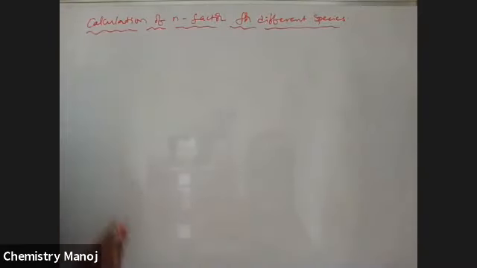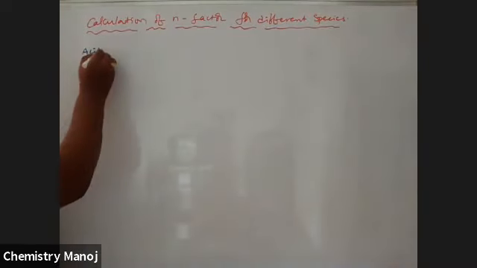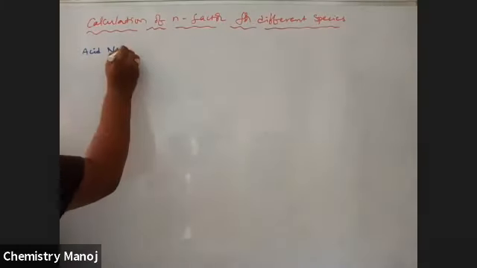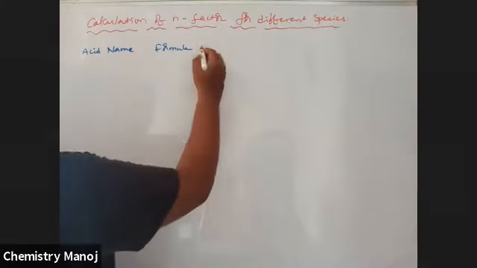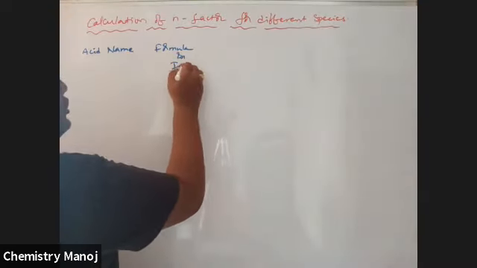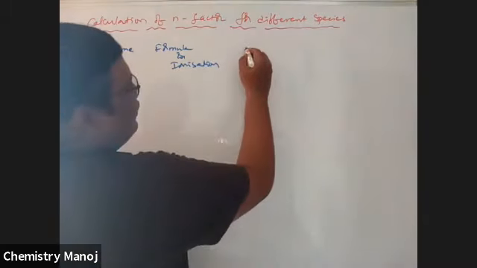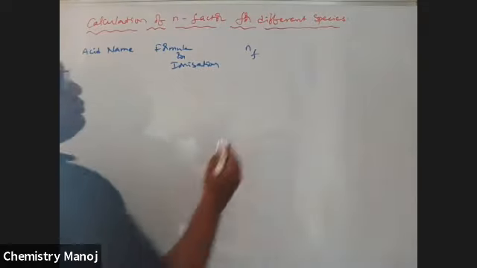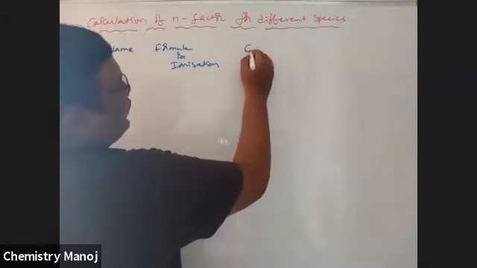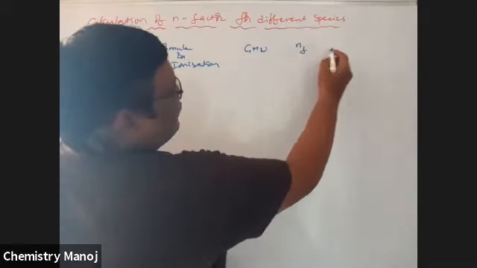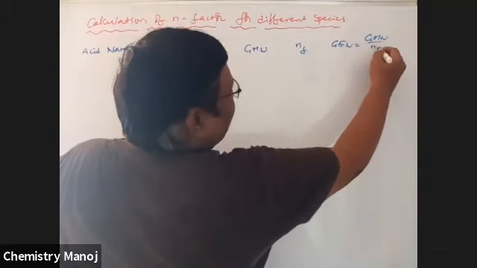So the table has columns: acid name, formula, ionization, N factor, gram molecular weight, and gram equivalent weight, which is equal to gram molecular weight divided by N factor.